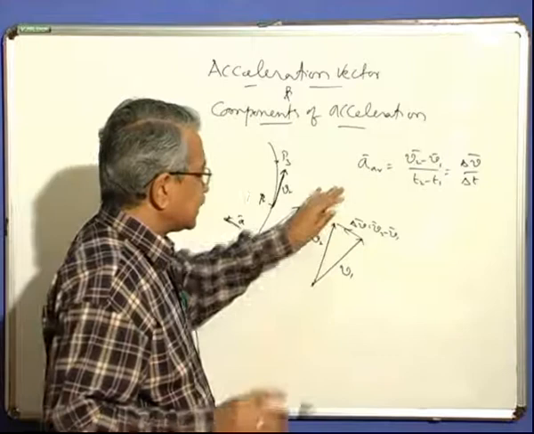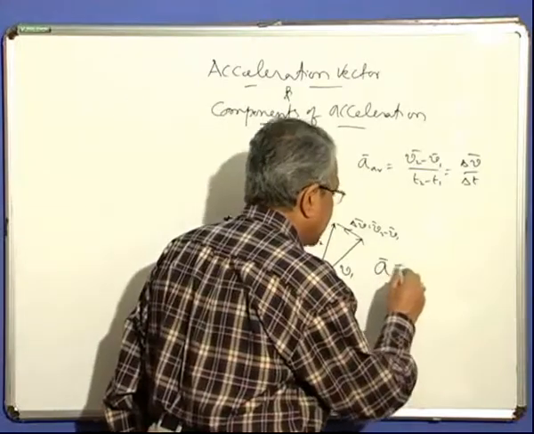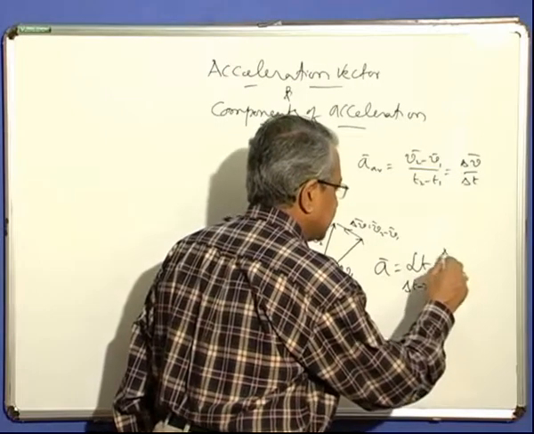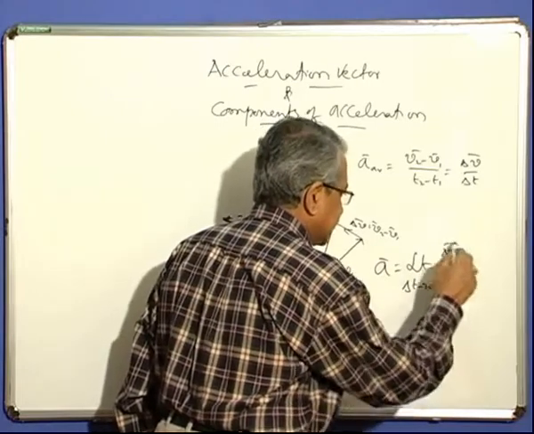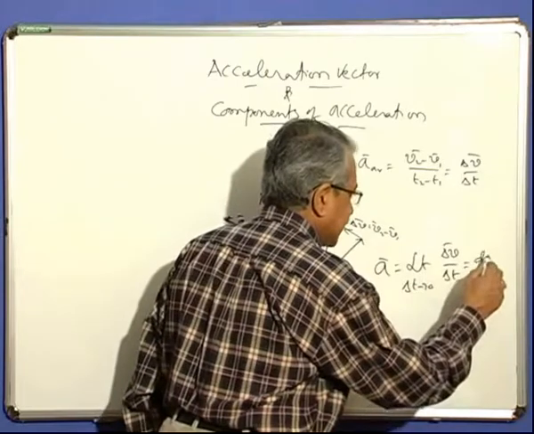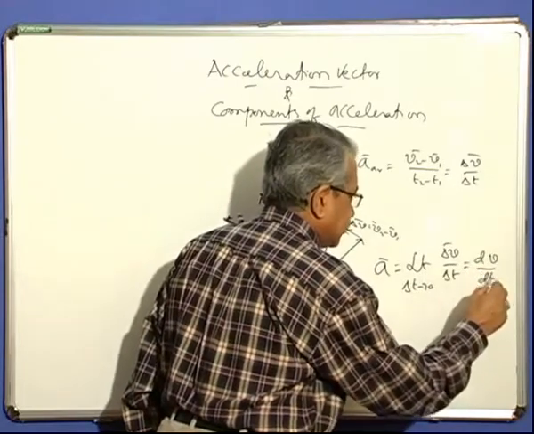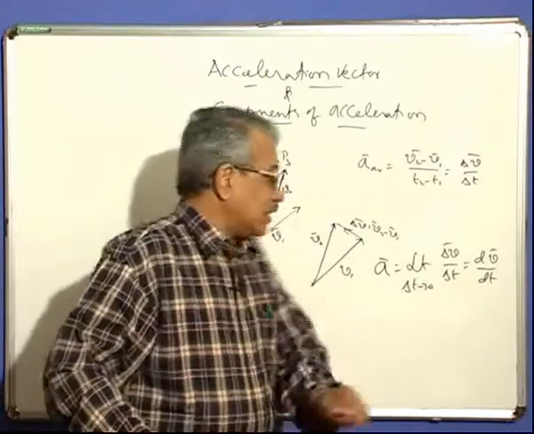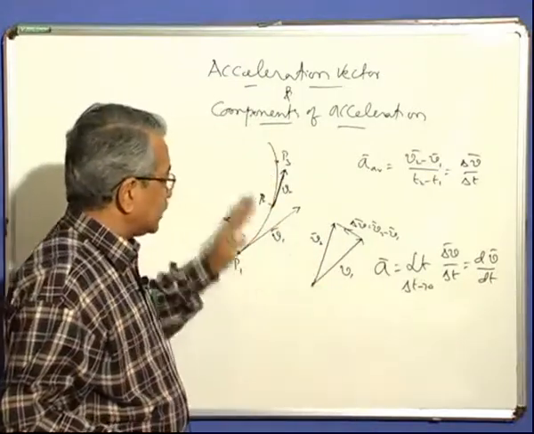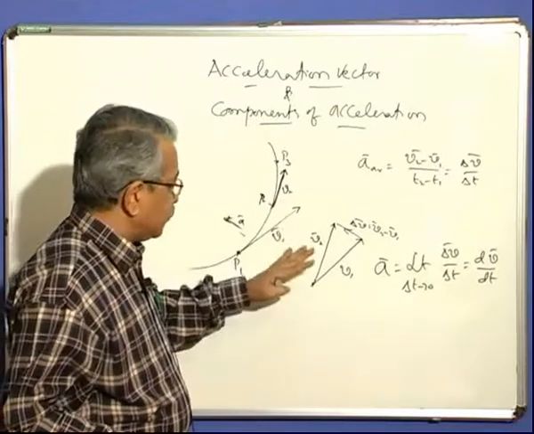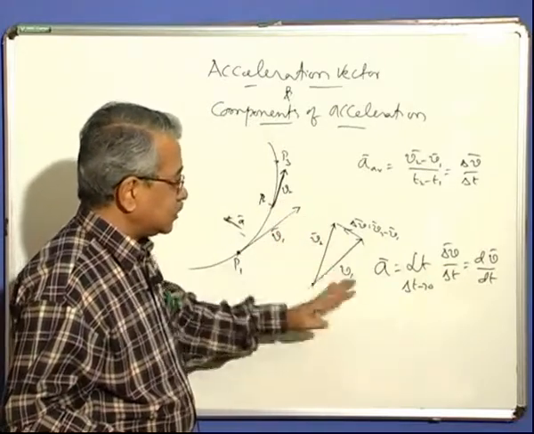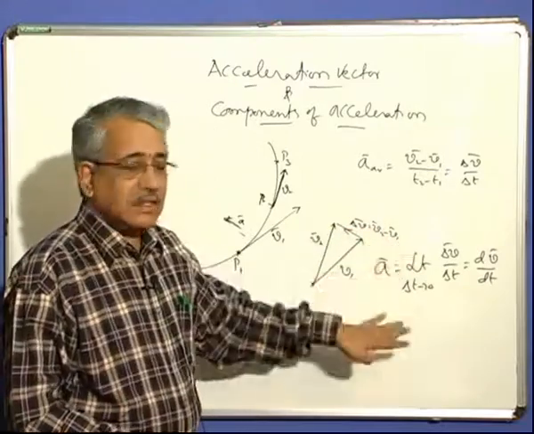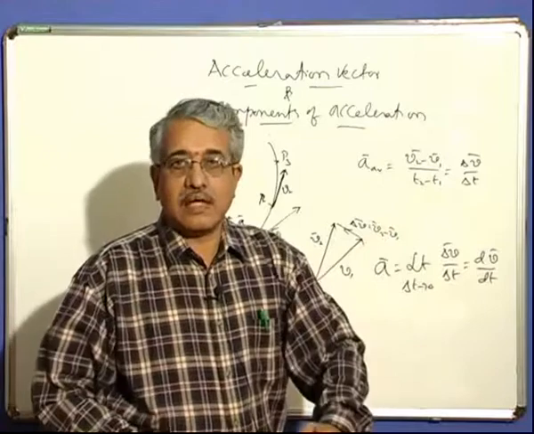So the instantaneous acceleration A, we write as the limit of delta T tending to 0 of delta V by delta T, and we write the same thing as dV by dt in the notation of calculus, in derivatives. So that is how we get the acceleration. So what is said is, if you know the initial and final velocities, you must draw the vector diagram, and from that you must get delta V, the change in velocity, and hence obtain the acceleration.